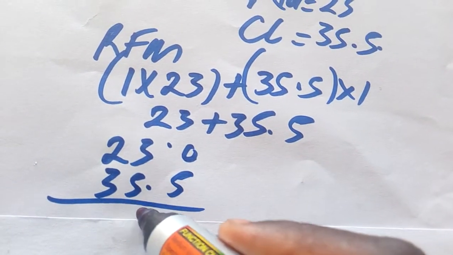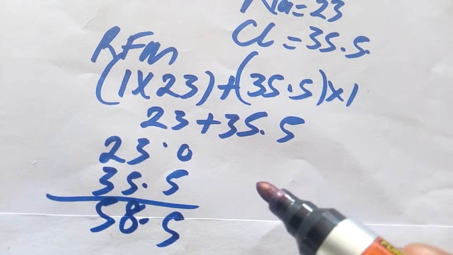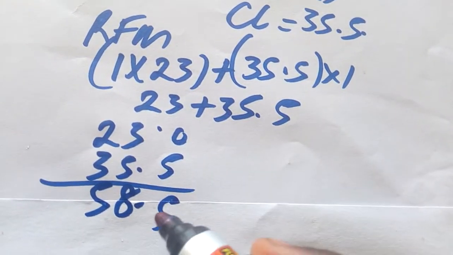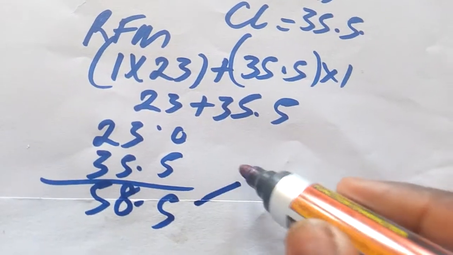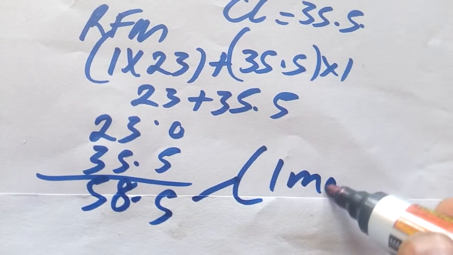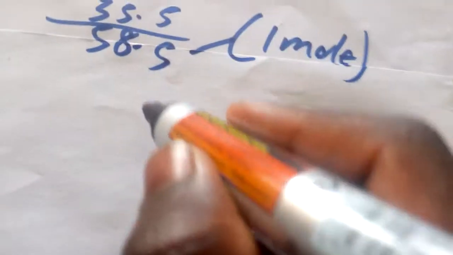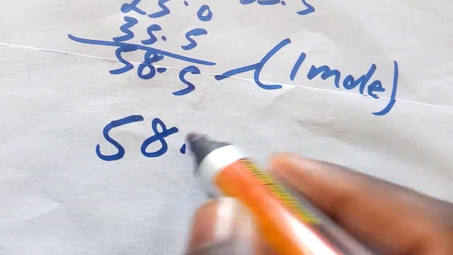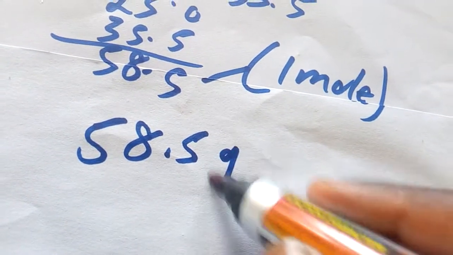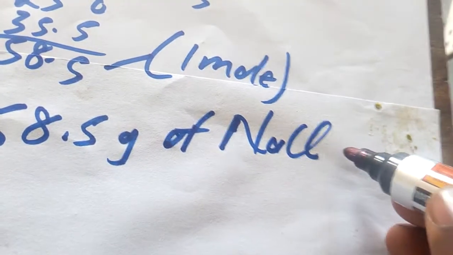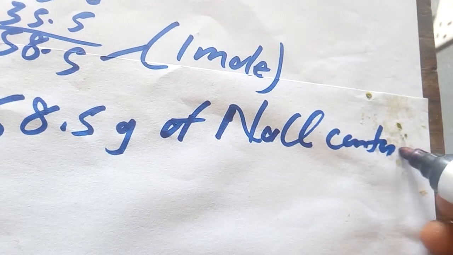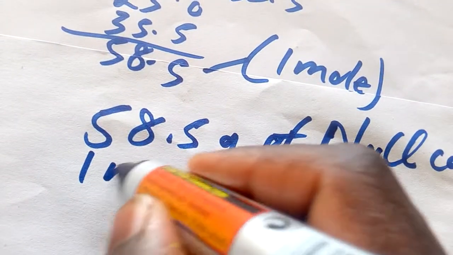This is going to be 58.5 grams. But remember, this implies it is in 1 mole. Therefore 58.5 grams of sodium chloride contains 1 mole.